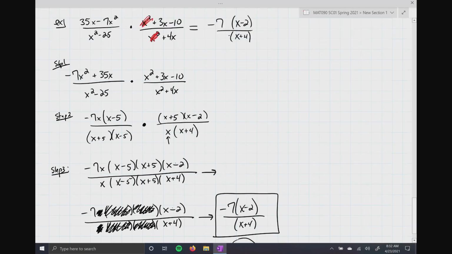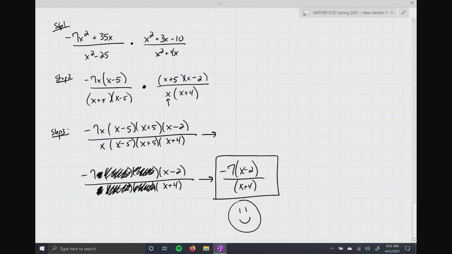And the answer is, you are not allowed to simplify until you have nothing but products in the numerator and products in the denominator. So if things are being added and subtracted, you can't do that yet. That's why we had to go all the way down to this step right here. And if you notice in the numerator, everything is being multiplied now. -7 times x minus 5 times x plus 5 times x minus 2. Does that make more sense now?